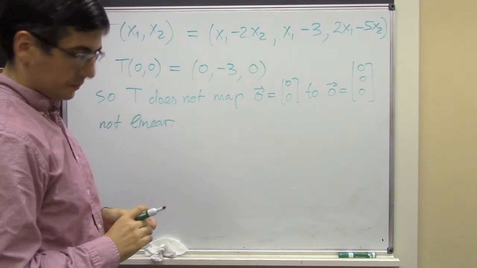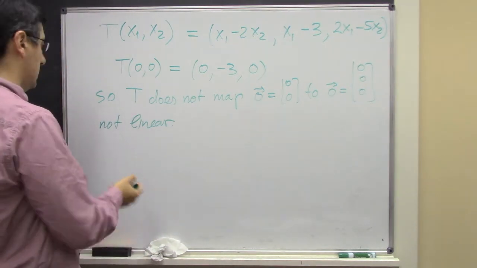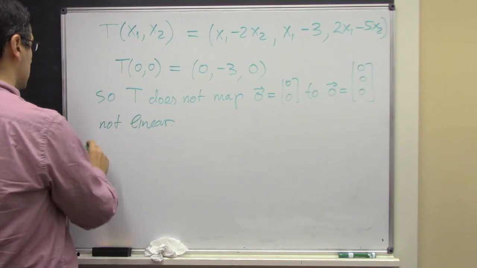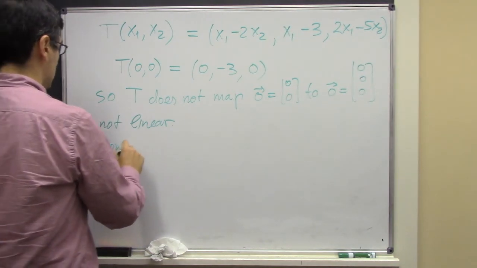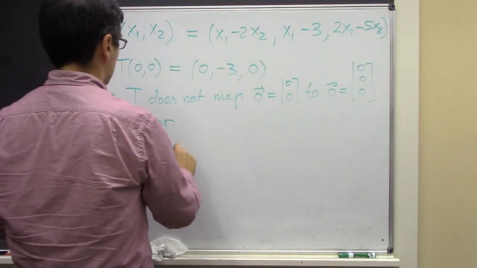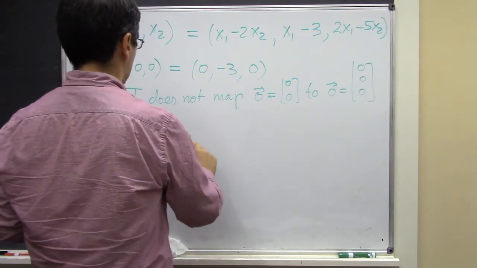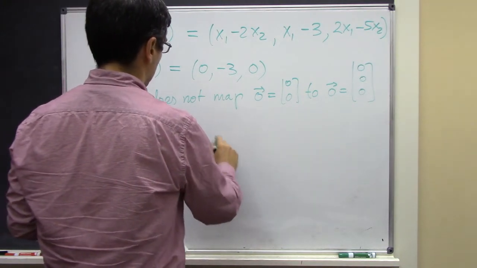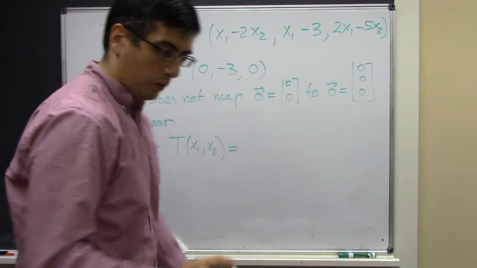And in fact, I will leave this as an easy exercise. Show that T(x1, x2) is actually almost linear.